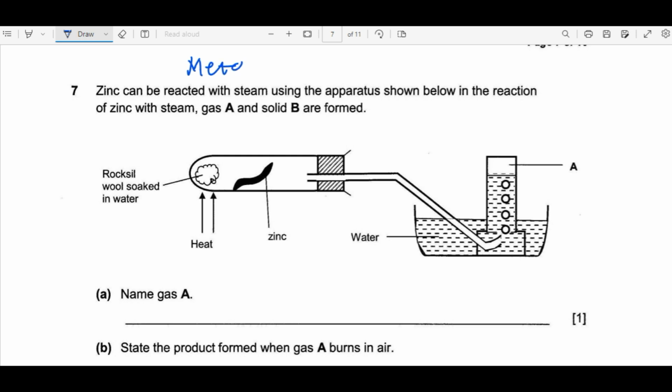Zinc is a metal, reacting with steam. So the question is, what two products can be produced whenever a metal reacts with steam? The first one is metal oxide, which is a metal that contains oxygen, plus hydrogen. Always the gas produced must be hydrogen. So gas A is hydrogen.